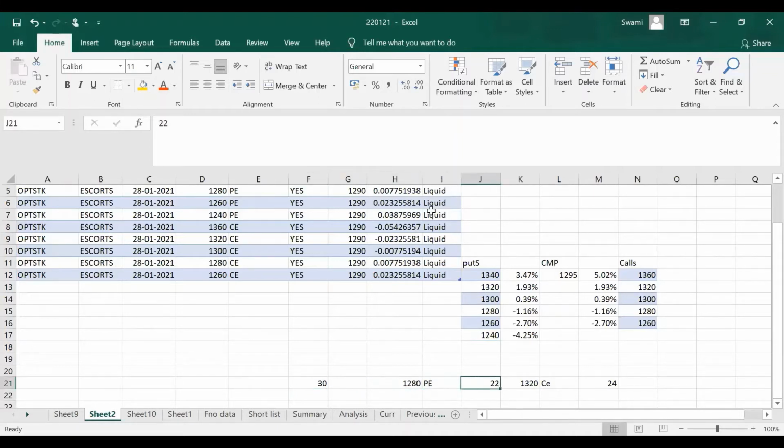It has closed above the average traded price, so I always want it to cross Friday's high. If on Monday the market opens lower, and for the first 5 or 15 minutes this 1280 put trades above 30, I will go and buy that. That will be my trade.